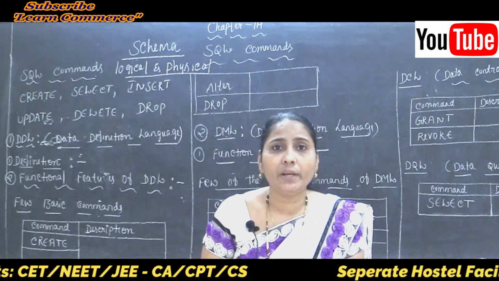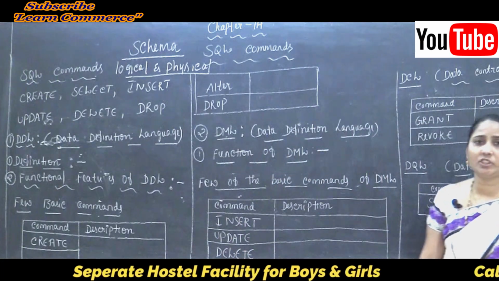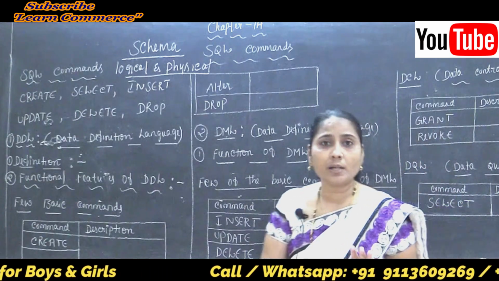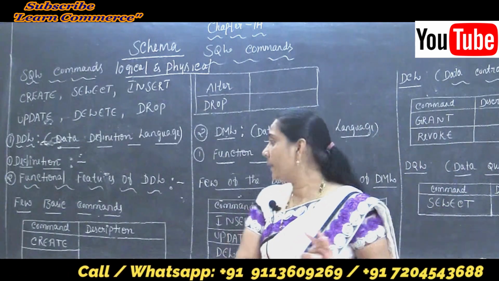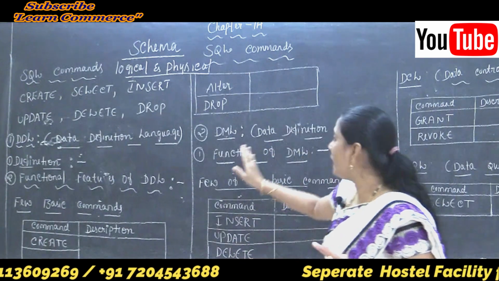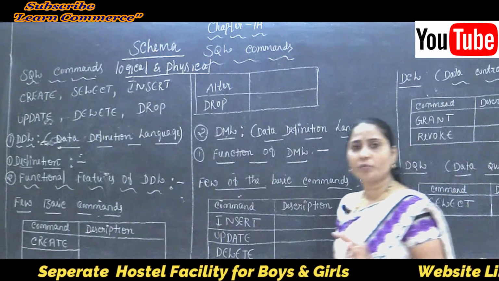And after completing the important concepts in our DDL, data definition language, the definition and the functional features, and after that the few basic commands of the DDL, now let's move to our DML. So what's the full form of the DML?